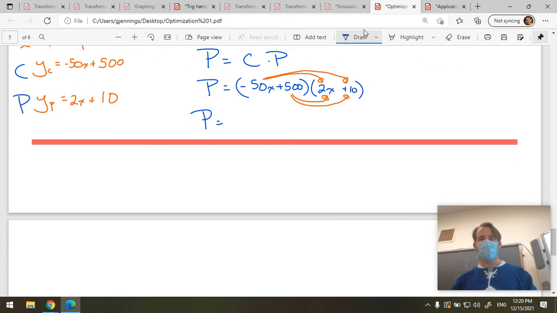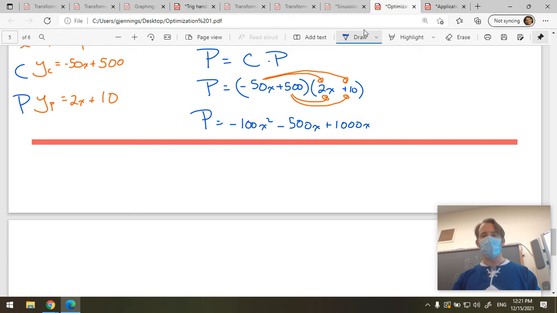I'm going to have here negative 50x times 2x. That will be negative 100x squared. Negative 50x times 10, that will be minus 500x. 500 times 2x, that would be plus 1000x.